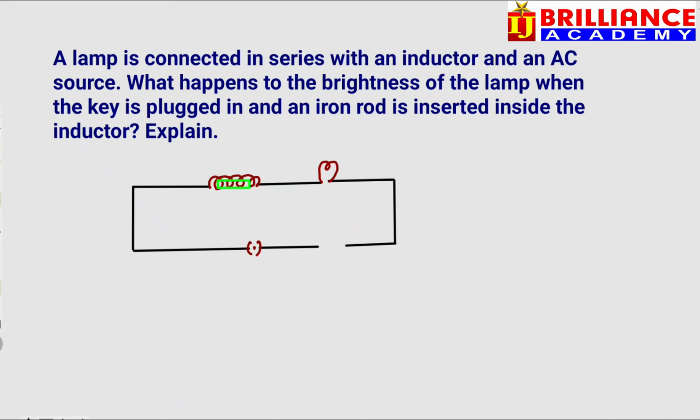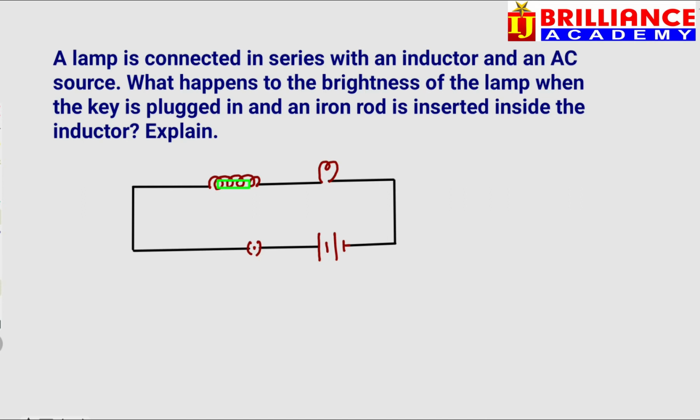Now students, the same question can be asked in a different way. Suppose this is not asked here, but I am telling you an additional way they can ask the question. Suppose instead of an AC supply, they connect a battery, so we are connecting to a DC source.